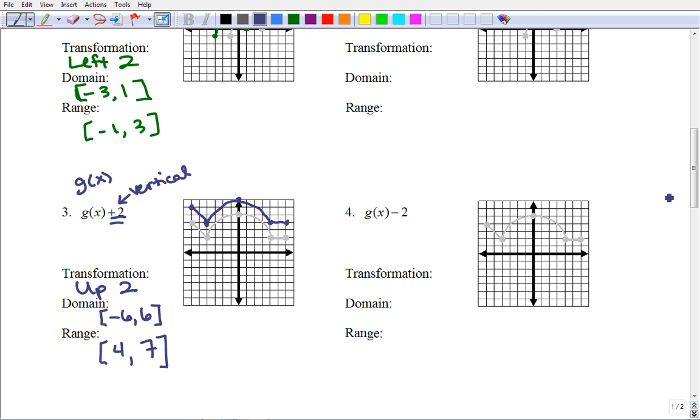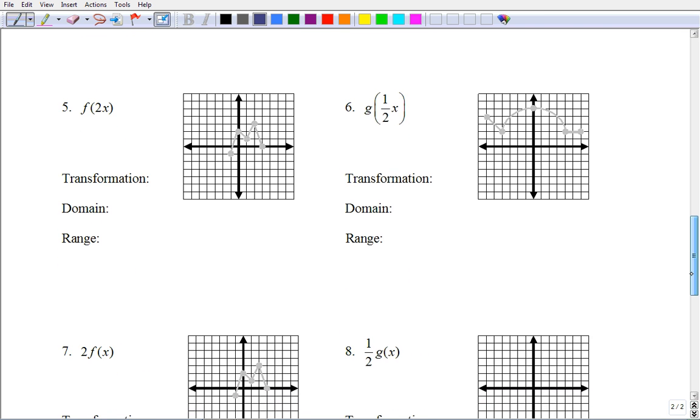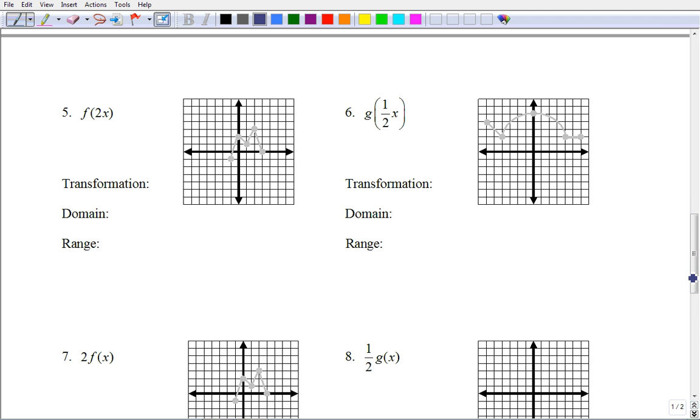Okay, so let's keep going to number 5. Okay, so on number 5, my original function, again, was f of x. So comparing that one to this one, I can see that I have this 2 sitting here. And it's inside the parentheses with the x, so that means it's going to be a horizontal transformation.